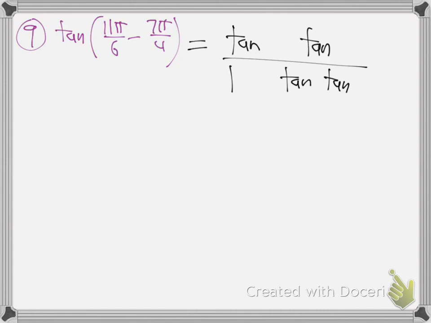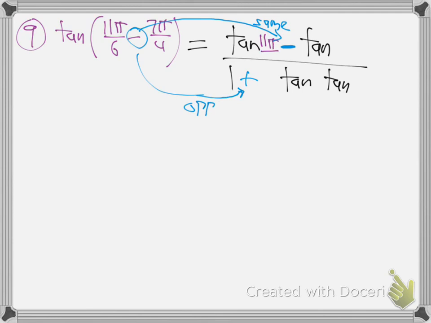Okay, so let's do that. We've got minus here, and it's supposed to be the same on the top, so that would be minus. And on the bottom, it's opposite, so that would be plus. And then what are the two angles? Just remember, you just write in the angles exactly the same order, no change in anything.